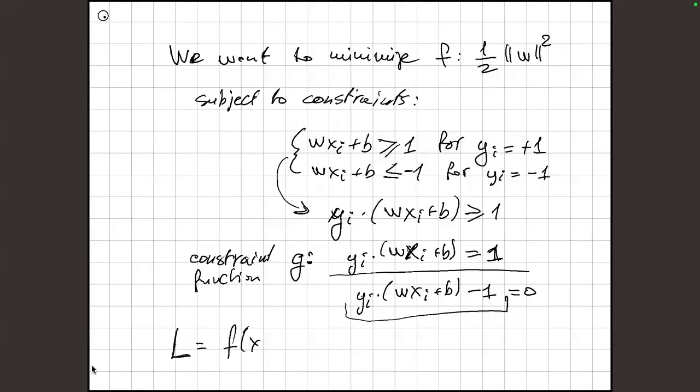We take our minimization function f minus alpha G of x, and we now have many G's, as many as the number of samples, which results in the following formula: f of x minus the sum of alpha_i G_i of x, over all samples.